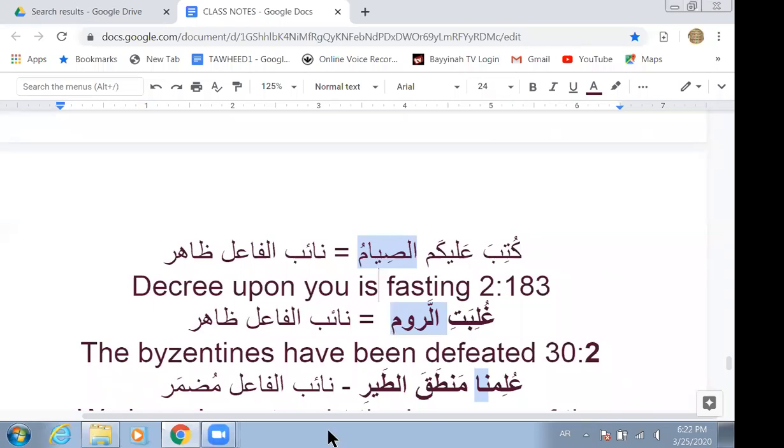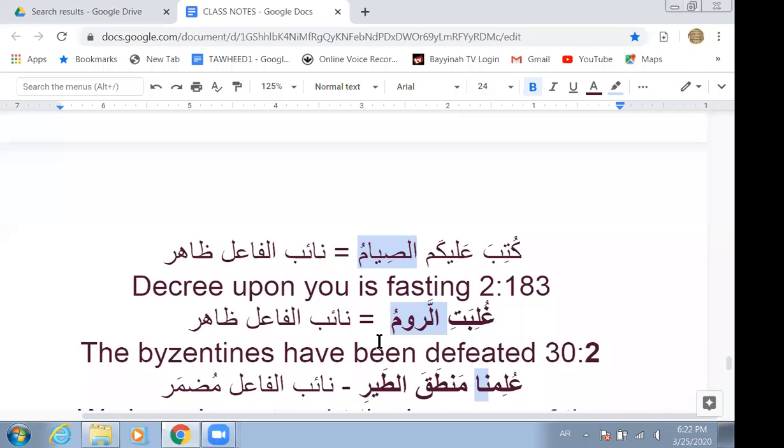Next example is Gulibat ar-Rum. This was actually ghalaba and ar-Rum, because of the two harfs coming together, ta and alif lam, the ta has taken a kasra, it wasn't actually there. So gulibat actually is the past tense in the passive form, and then ar-Rum, not there, but there should be a dhamma there.